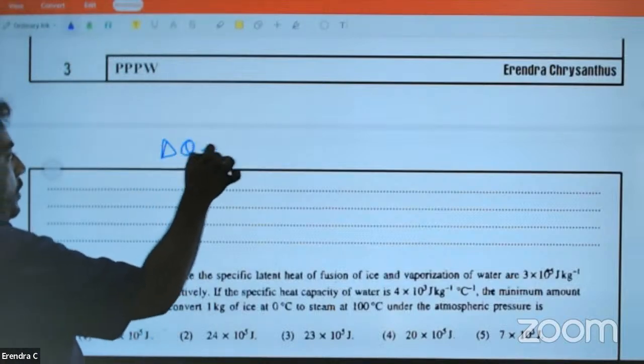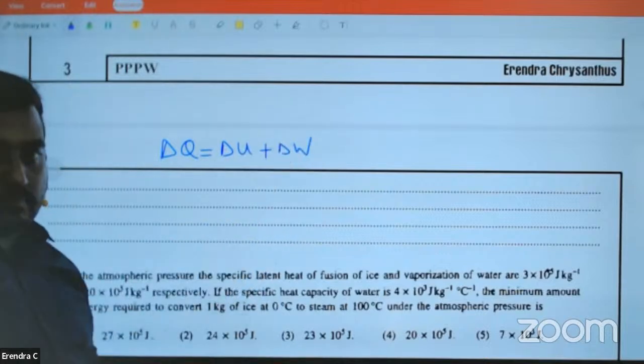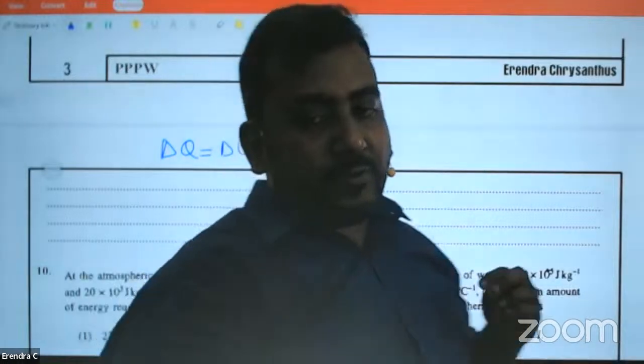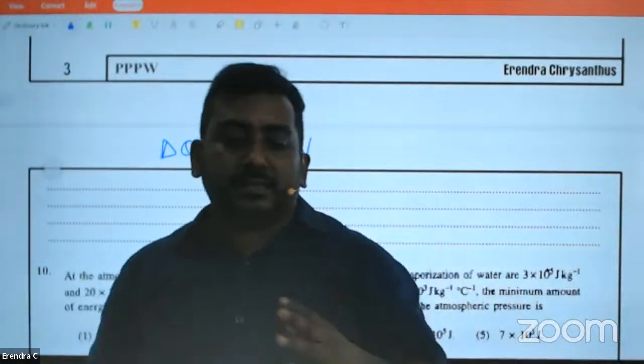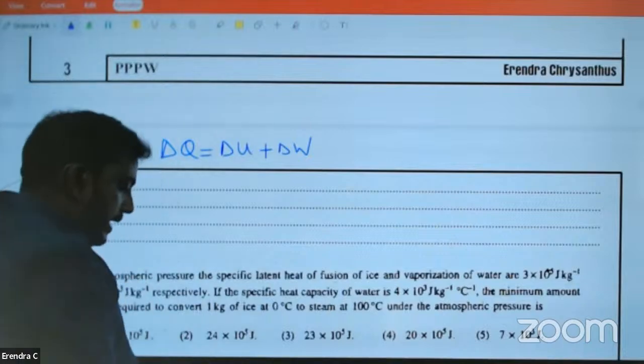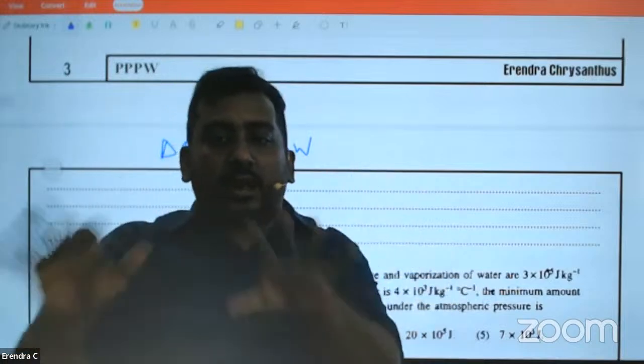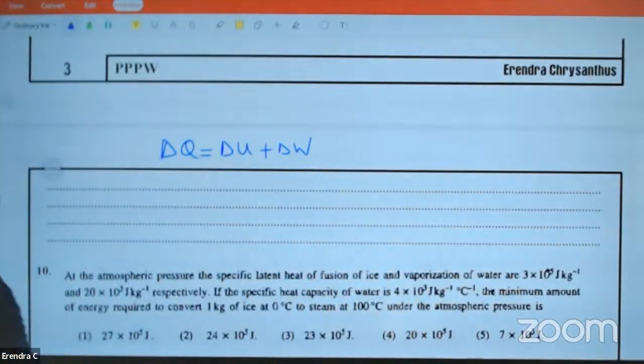Delta Q equals delta U plus delta W. This is called first law of thermodynamics. What law? First law of thermodynamics. Right. Now in your thermal physics lesson, nicely they would have taught you how the first law comes.